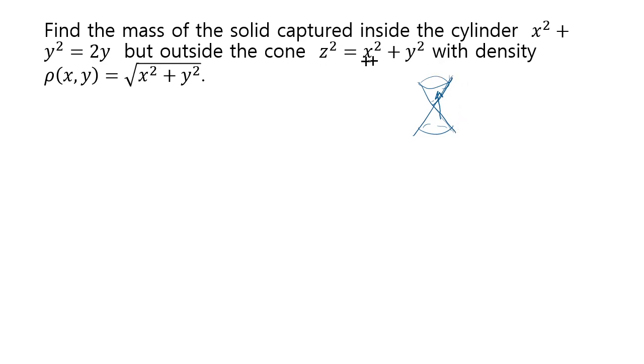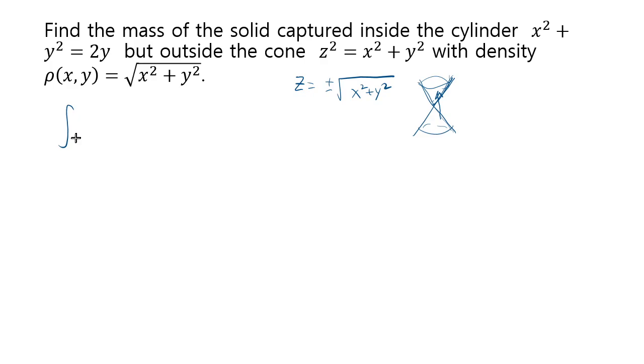To do that, you solve this for z and you have plus or minus square root of x squared plus y squared. The plus must be the top half of the cone because z is positive, and minus should be the bottom half. So here's how we do this.